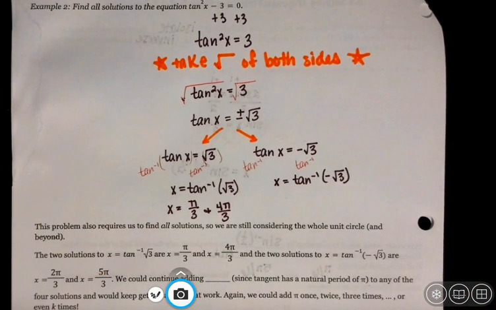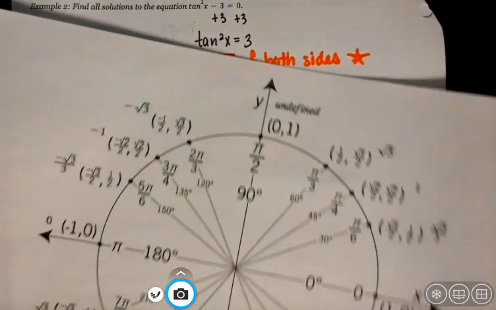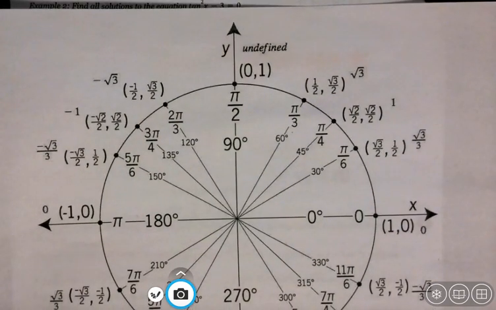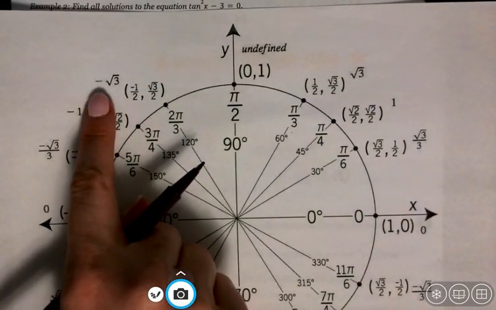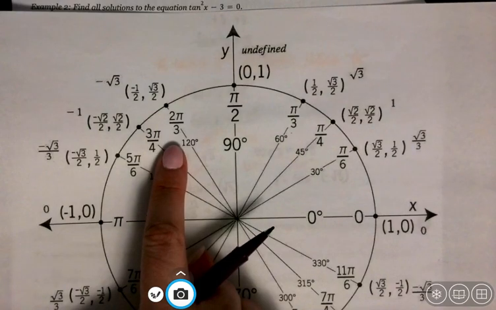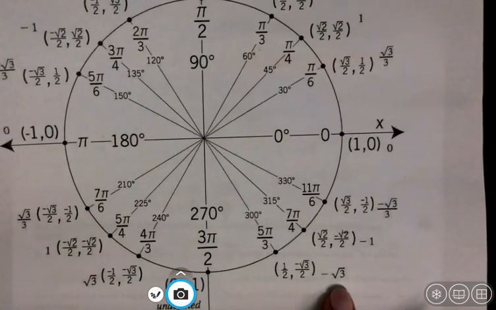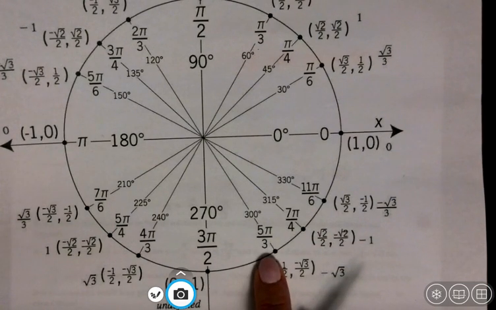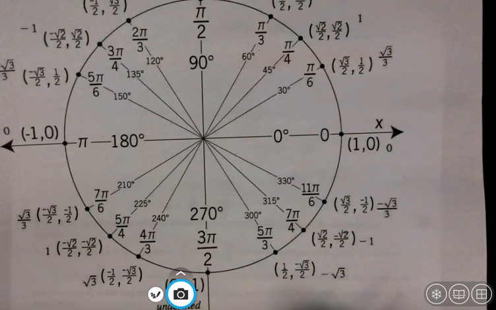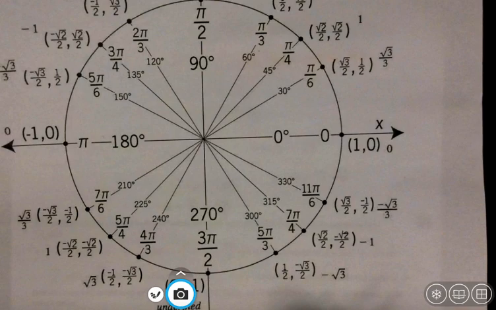So looking at my unit circle, I want to know what angles have a tangent value of negative square root of 3. So looking at the top, I have negative square root of 3 here for 2 pi over 3. And I also have it in quadrant 4 at 5 pi over 3. So 2 pi over 3 and 5 pi over 3.